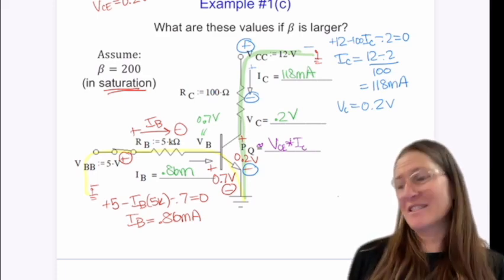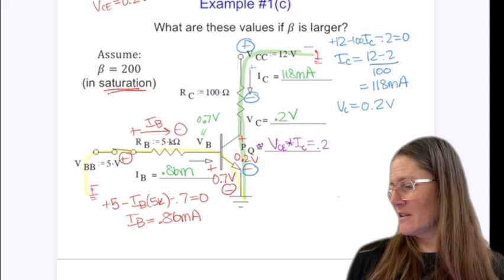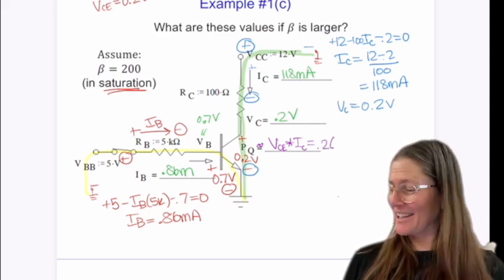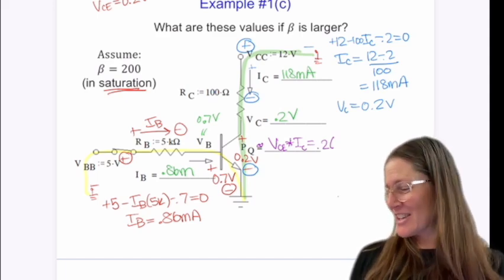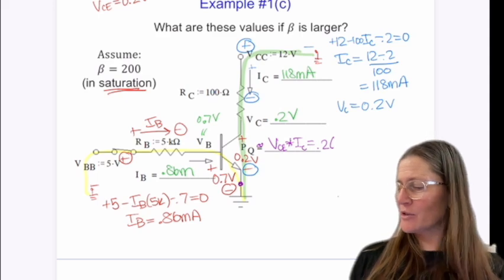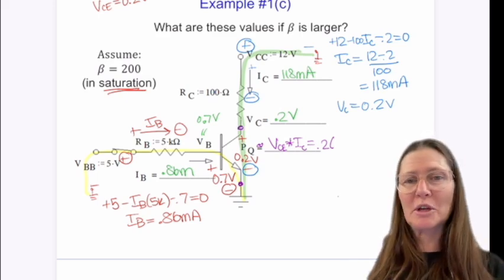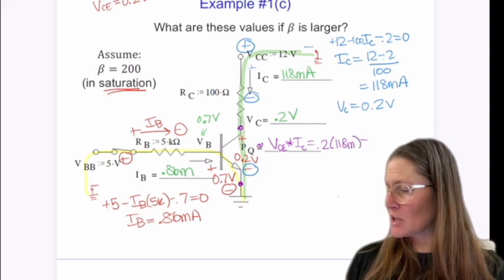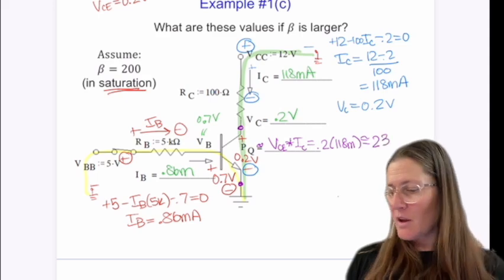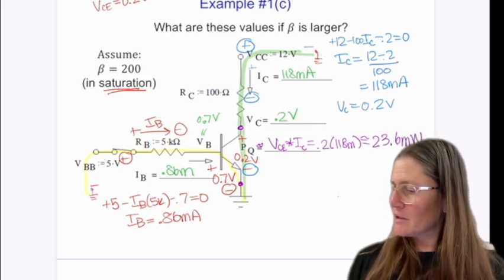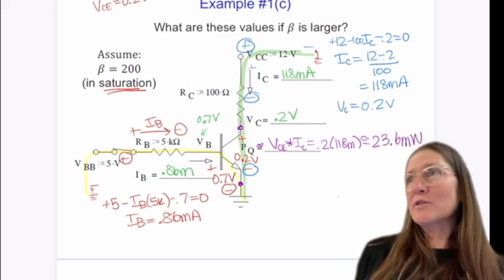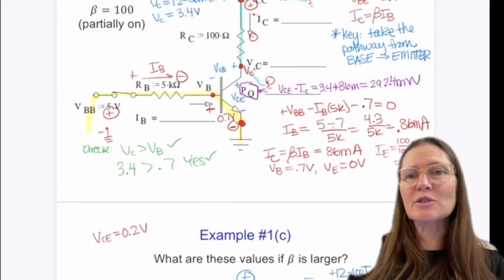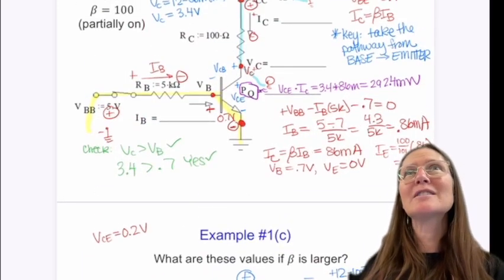I did 0.2 instead of 0.7. It should be 0.2. It is right, yeah, you're on the right track. So VE is 0, so VCE will be just the 0.2. So 0.2 times 118 milli gives you about 23.6 milliwatts. So take away 23.6 milliwatts versus 292.4 milliwatts.